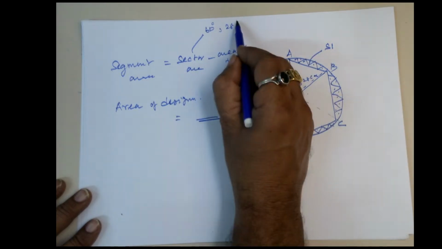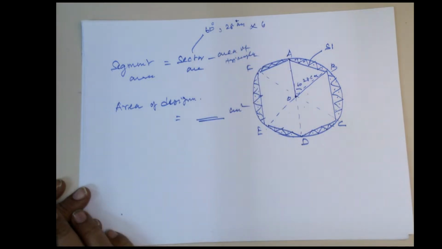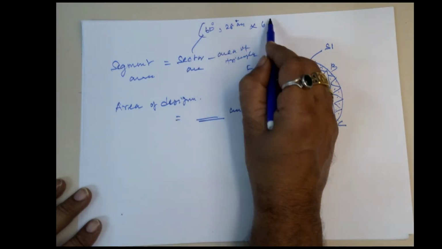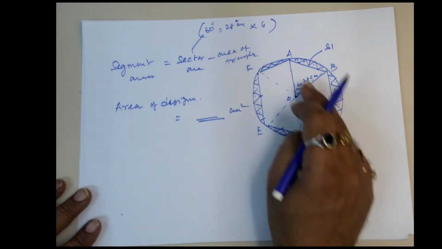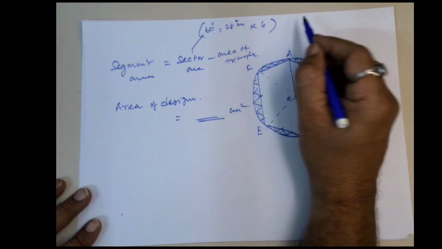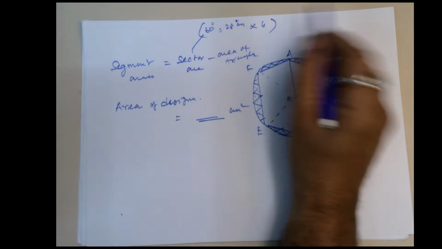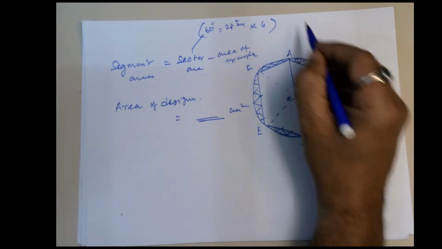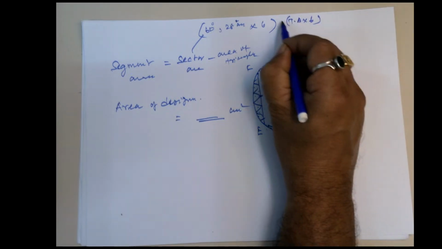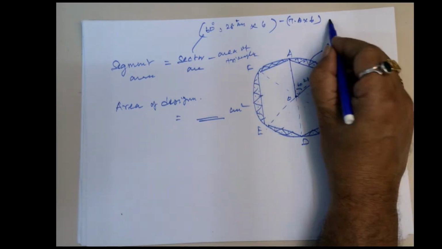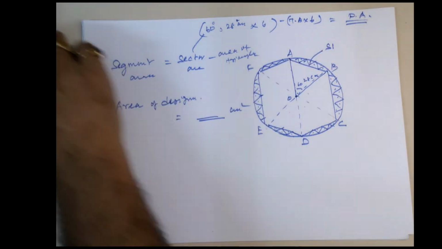Okay, 28 centimeter and multiply by 6. Okay, so this is the total sector area. And area of a triangle. Area of a triangle means this one. So similarly, either you can multiply finally or you can multiply here itself. That is triangle area into 6. So you have to subtract so that you are able to get the design area. Do you understand this?